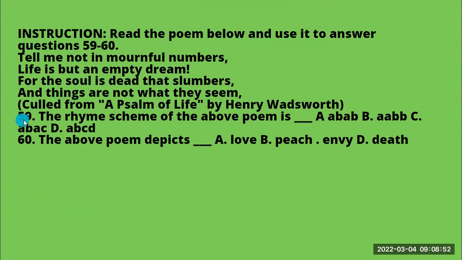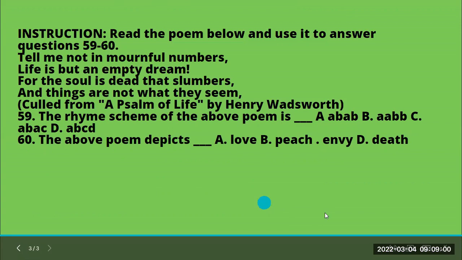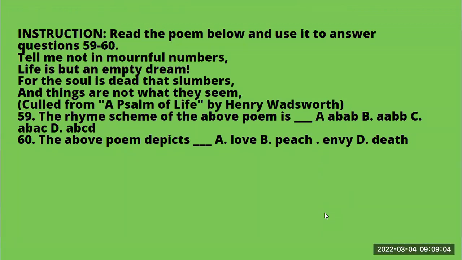All right, so question number 59, the rhyme scheme of the above poem is dash. Now, first of all, let me show you how to get the rhyme scheme. It is actually a literary skill that you need to learn. Now, a rhyme is a word that has the same sound with another.